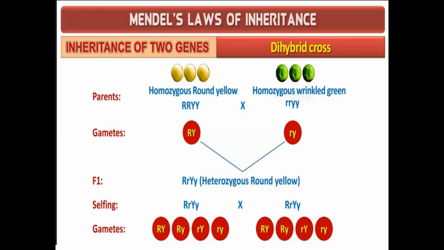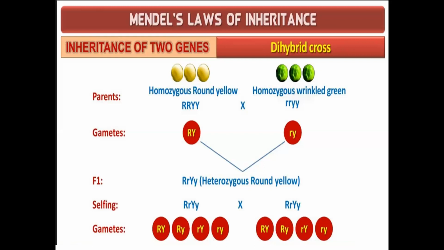But will it have round or wrinkled seeds, yellow or green seeds? Round and yellow, because capital R and capital Y are there, and they are dominating. So this will be heterozygous round yellow.